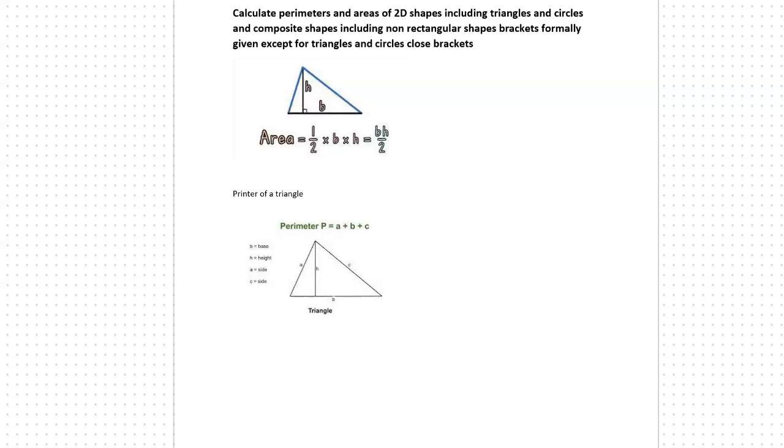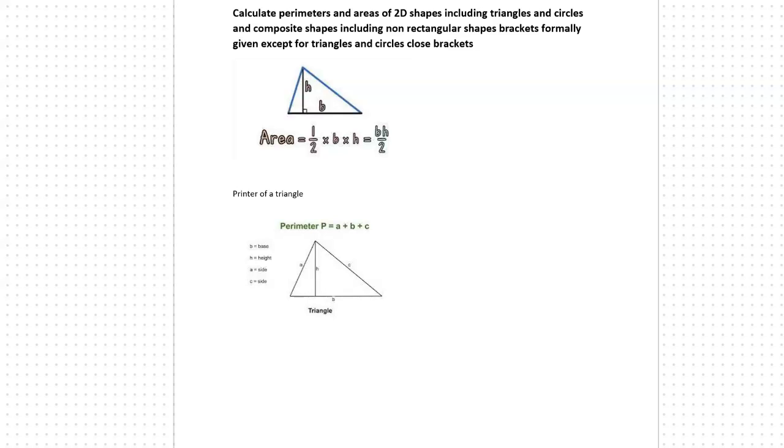So that's why we're looking at triangles and circles. So the formula for the area of a triangle, two different versions there. You could do it either way: half times base times height, also base times height divided by 2, whatever way you're comfortable working that out.